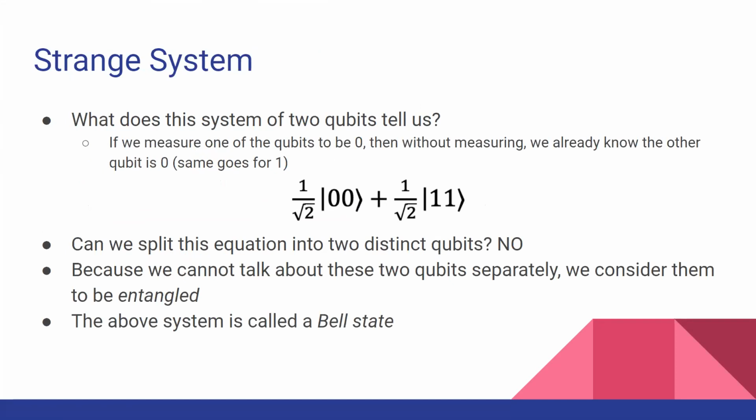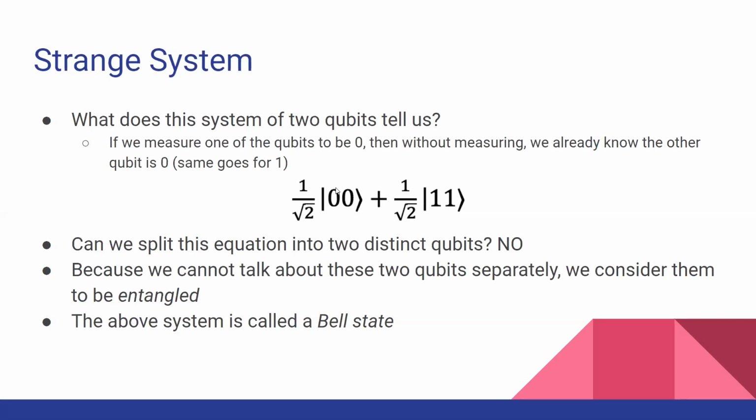But of course, probability amplitudes can be 0. It is possible for there to be a quantum state where a certain situation is impossible to happen. So for example, if you measure the definite 0 state, you're going to get 0. If you measure the definite 1 state, you're always going to get 1, right? You'll never get 0.